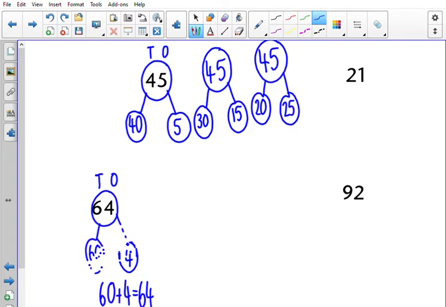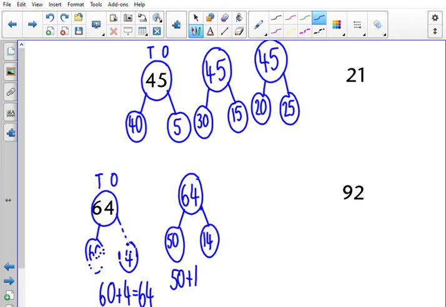Okay, now I'm going to do that again. This time I'm going to move a 10 over to the right hand side. So now I'm going to be left with 50 here and 14 here. So my number sentence to finish that one would be 50 plus 14 is 64.